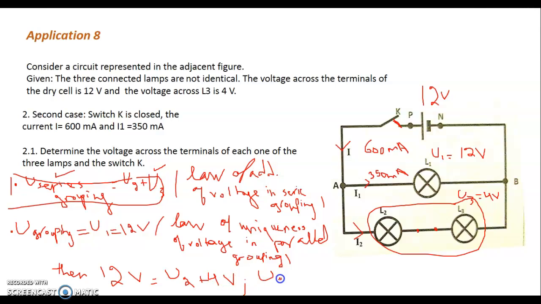U2 is equal to 12 volts minus 4 volts, which is equal to 8 volts. In this case, we do not divide by 2 as we did in application 7 because the lamps are not identical. We have to substitute in the laws, and of course there must be an extra given here, like the one about U3 equal 4 volts.